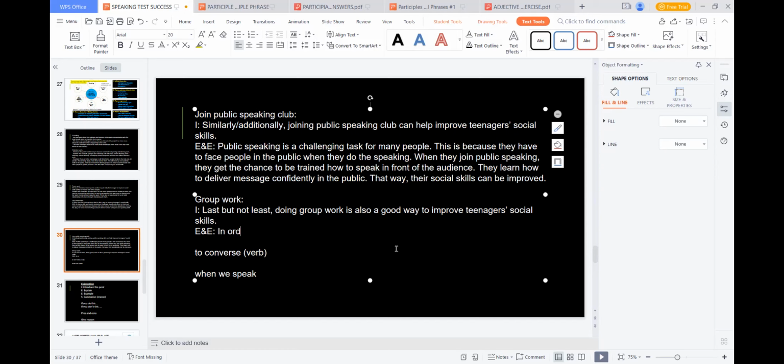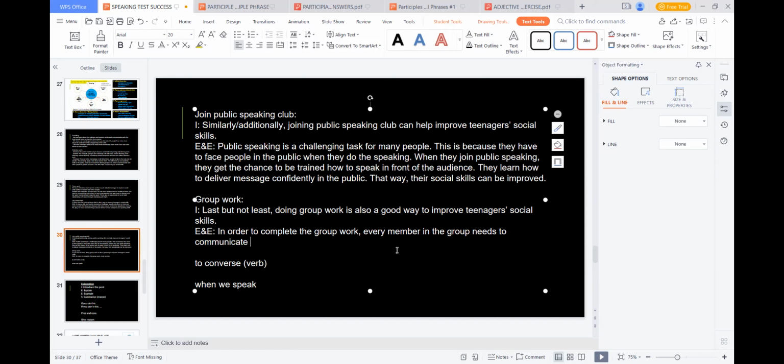In order to complete the group work, every member in the group needs to communicate with each other how the work should be done, how to perfect the work.